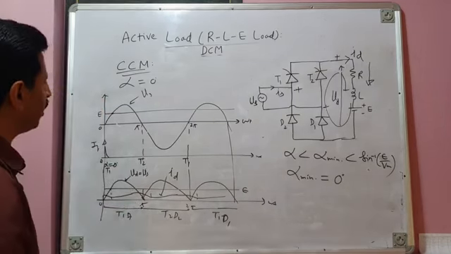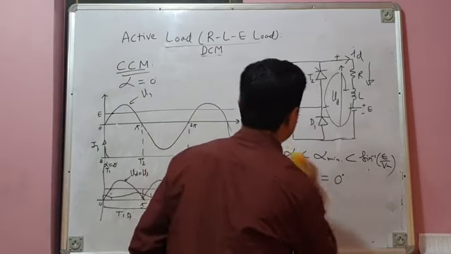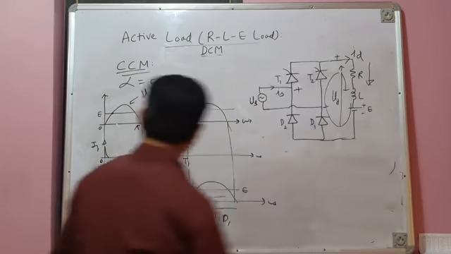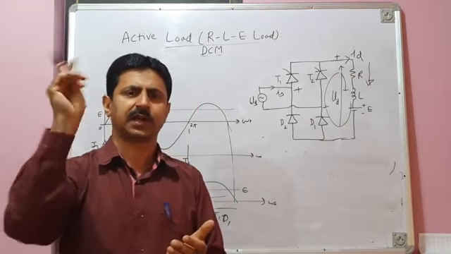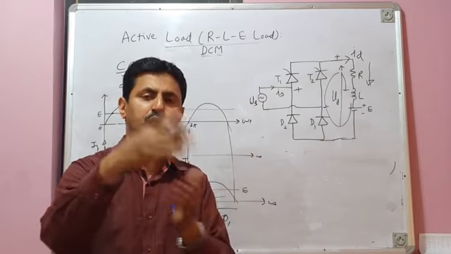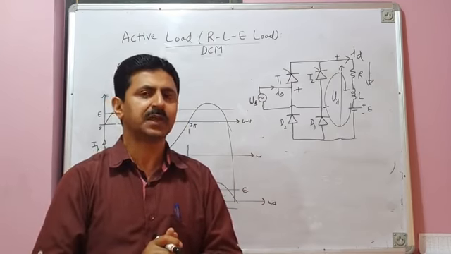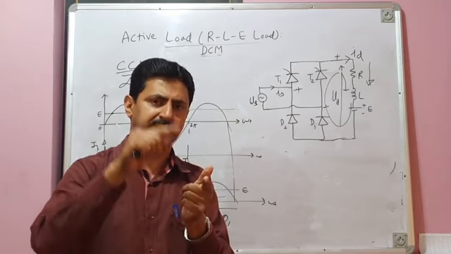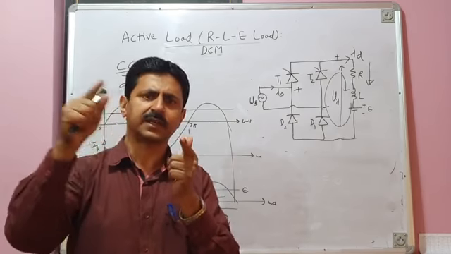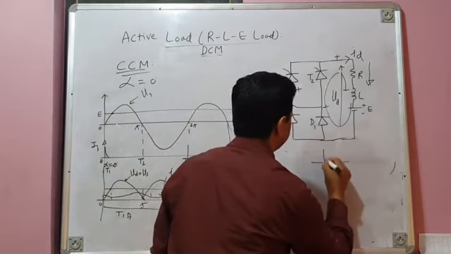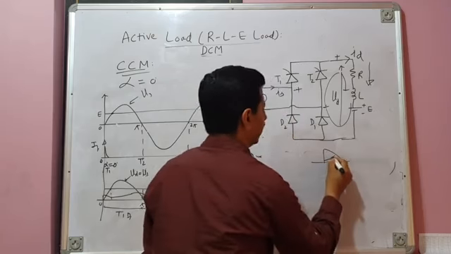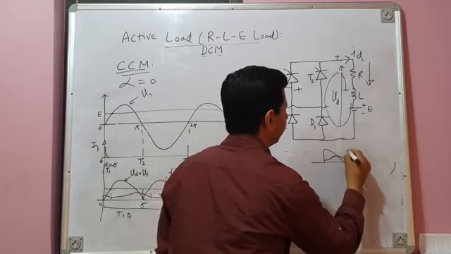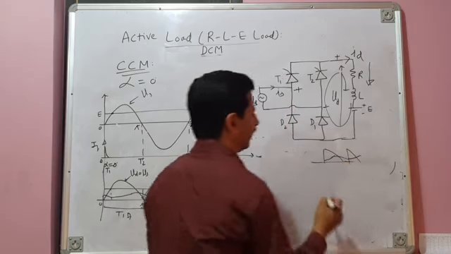Now, one very important point you have to understand is the general notion that when a thyristor goes into conduction, current starts rising. You have seen in the previous waveforms that as soon as the thyristor pair T1 D1 conducts, current starts rising and then it falls. And when the T2 D2 pair conducts, current again rises.